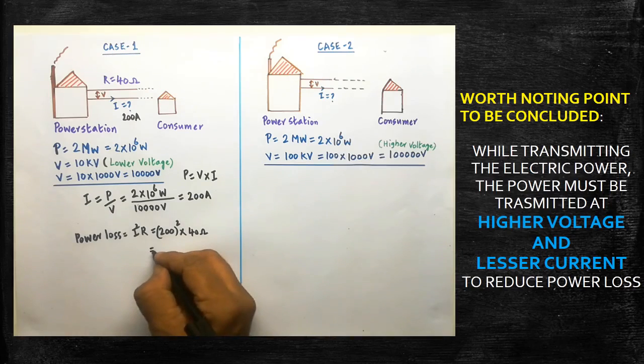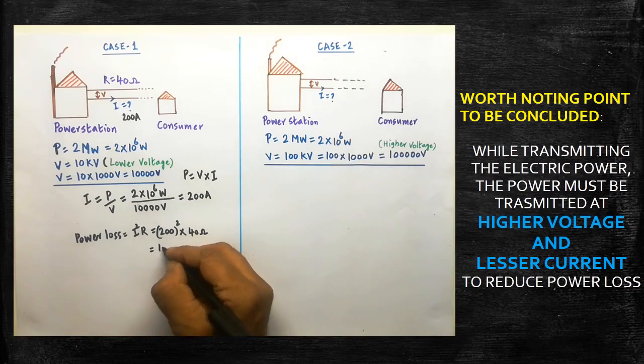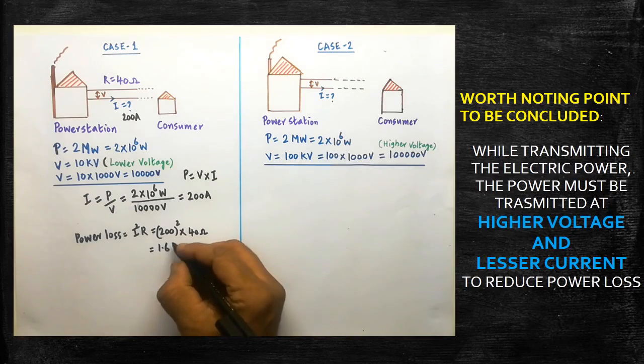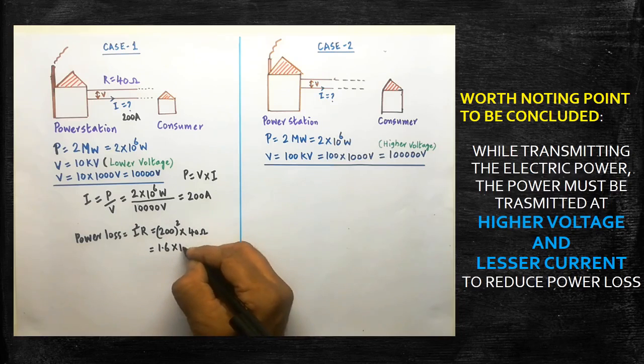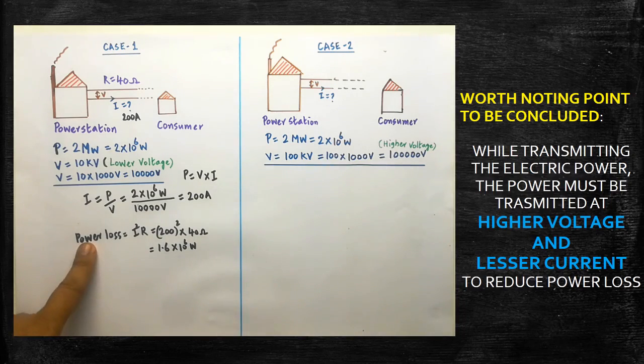So after calculation you will be getting 1.6 into 10 to the power of 6 watt. Power loss must be calculated in terms of watt.